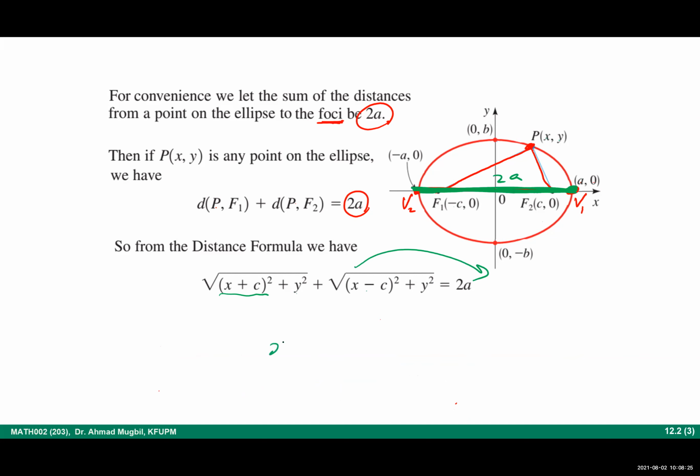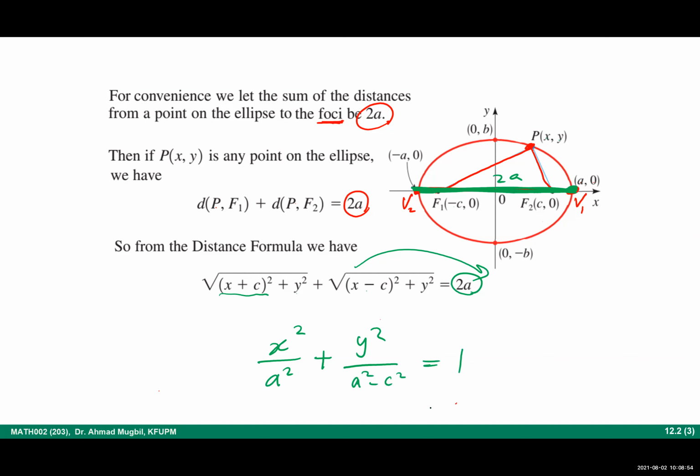You will end up with x squared over a squared, this is A, plus y squared over c squared minus a squared, or the opposite indeed. A is bigger, so a squared minus c squared, equals 1.